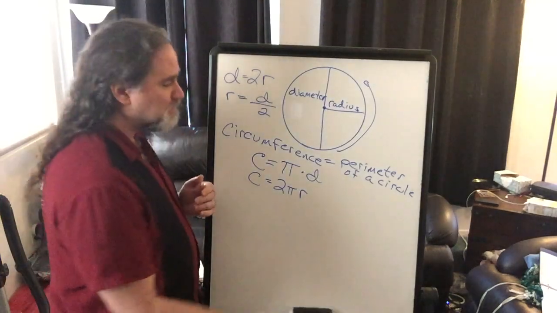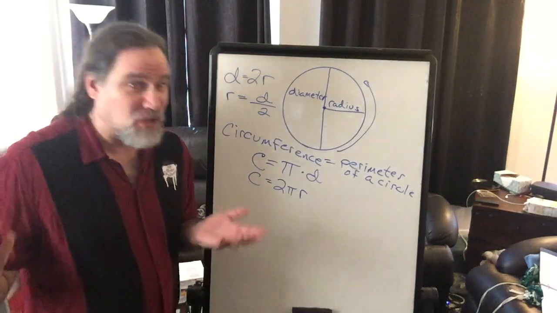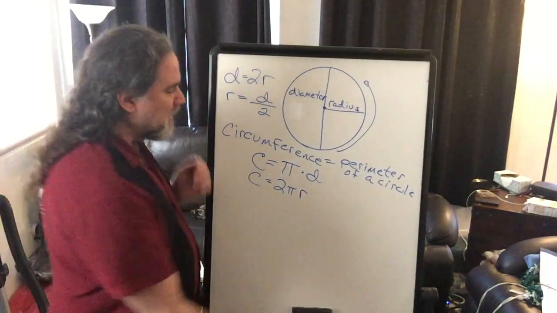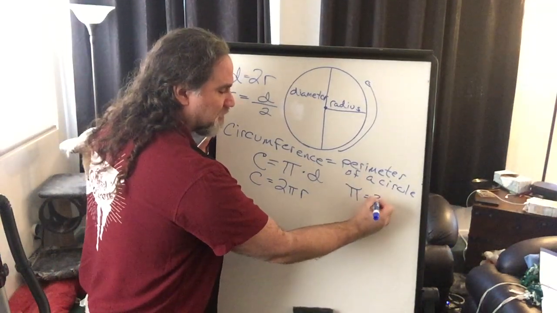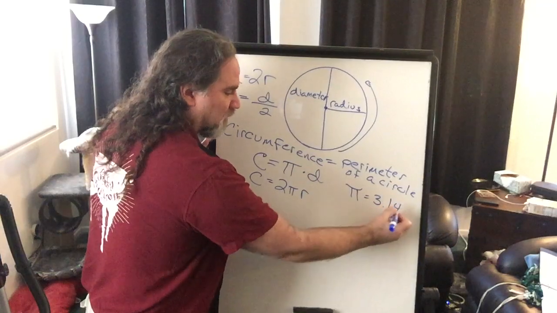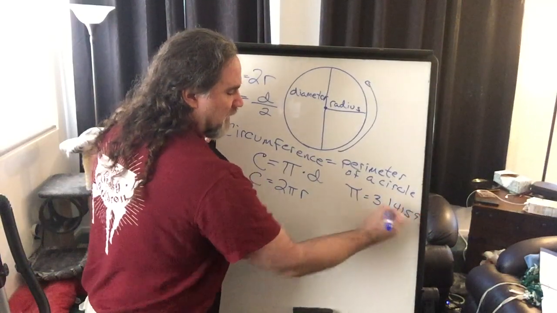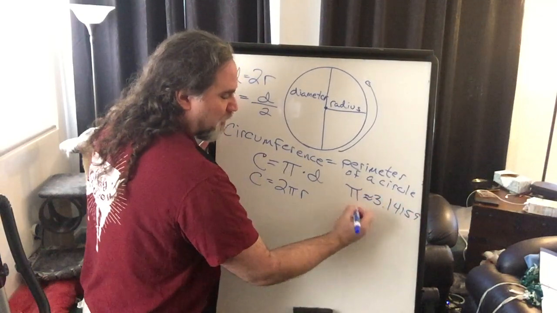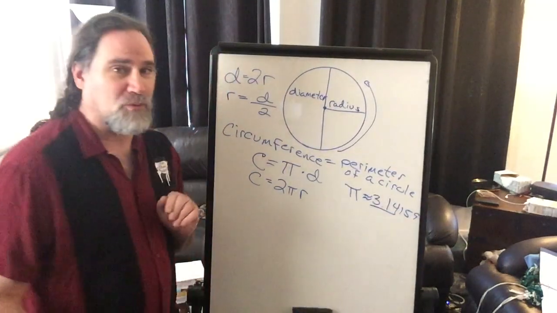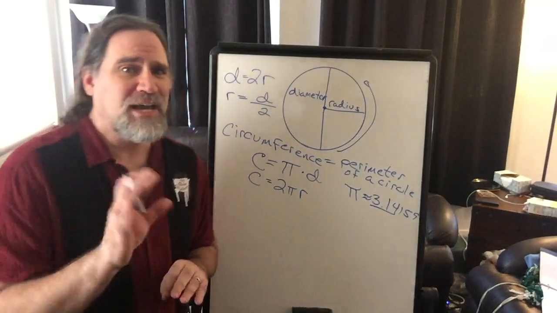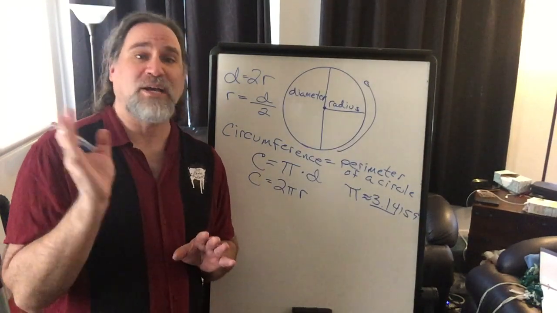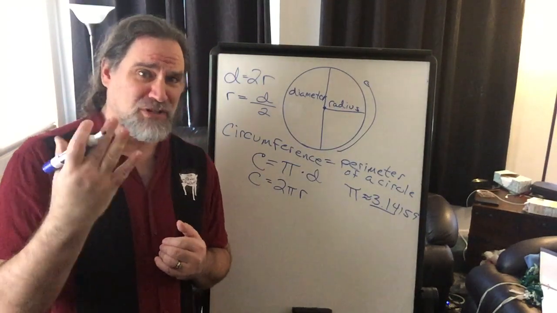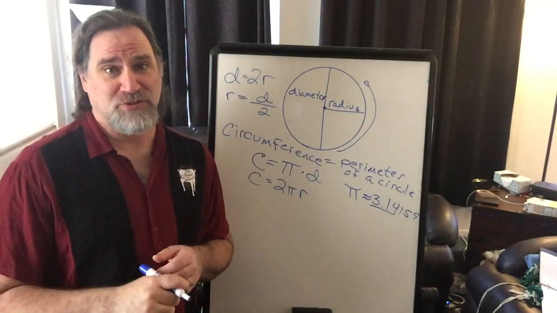Pi, P-I, it's a Greek letter, that's all it is. And I know you've seen this, that pi is 3.14159. And for the most part, we always just simplify that down to 3.14. But I don't even bother with that, because if you really are going to use pi in an equation where you're actually going to solve something, you're going to be using a calculator.